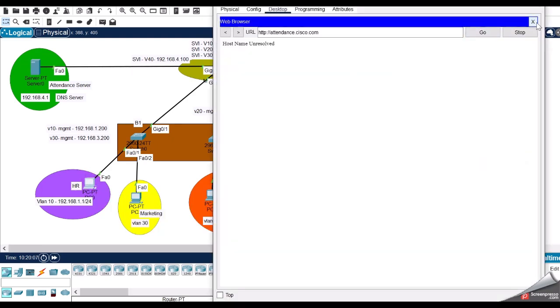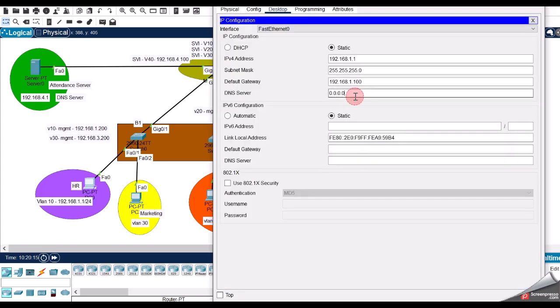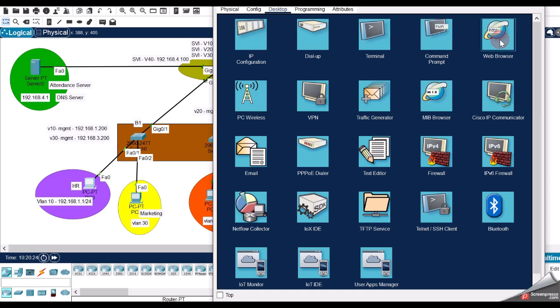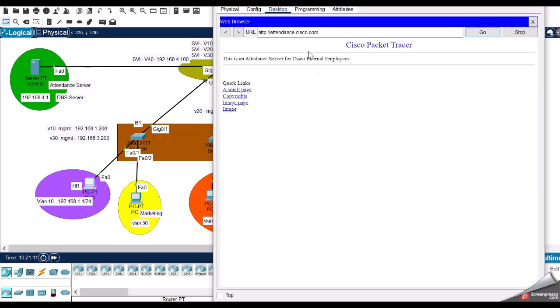Now go back to the HR computer and try to resolve it. Before doing that, ensure the computer has the DNS server IP. Go to the IP configuration; this is very important, we need to manually type who the DNS server is: 192.168.4.1. Now go to the web browser and type http://attendance.cisco.com, and you are getting the web page.